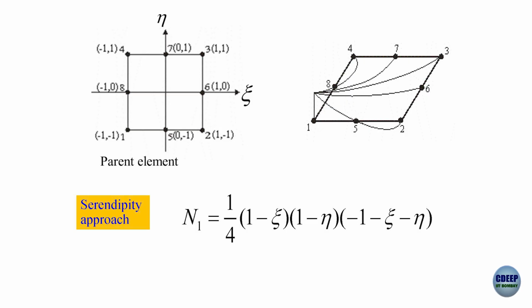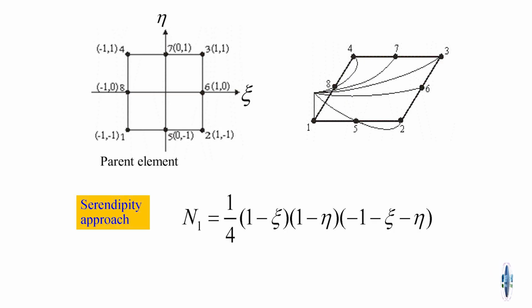Based on our discussion in the previous class, you look at the equations of lines. So nodes 2, 6, 3 would satisfy the equation of line, edge 263. And what is that? 263 is 1 minus zeta equal to 0, correct?